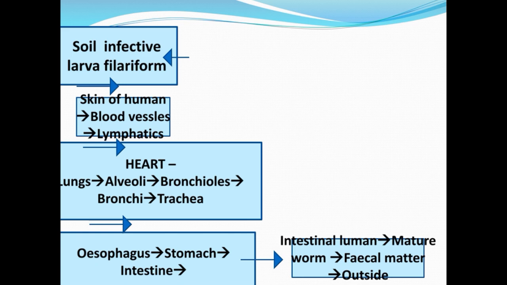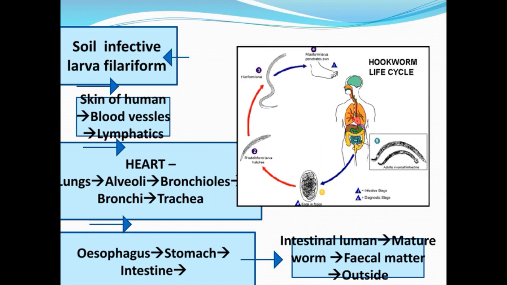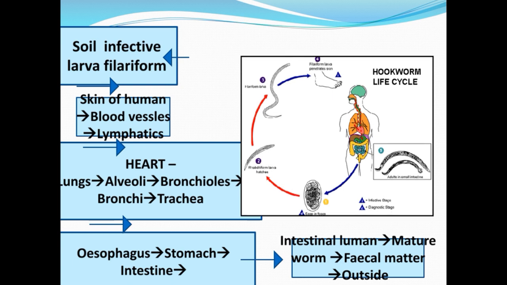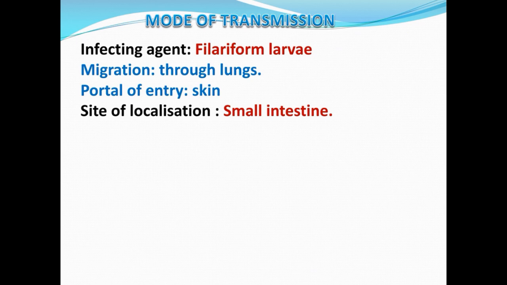So this is the life cycle of the hookworm, and the mode of transmission is from the soil to man. The infective agent is the filariform larva, migration is through the lungs, portal of entry is the skin, and site of localization is the small intestine.